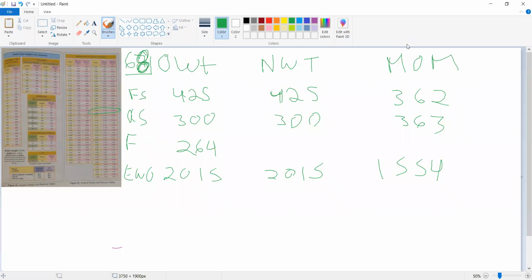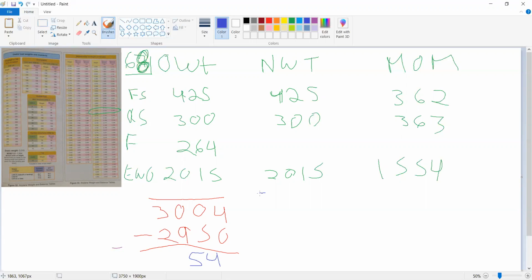Now let's tally. We'll do a different color. For the old weight, when we tally it, we get 3,004. That is way overweight. After we subtract the max, we get 54.